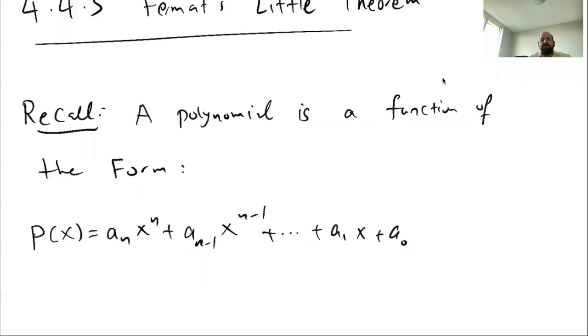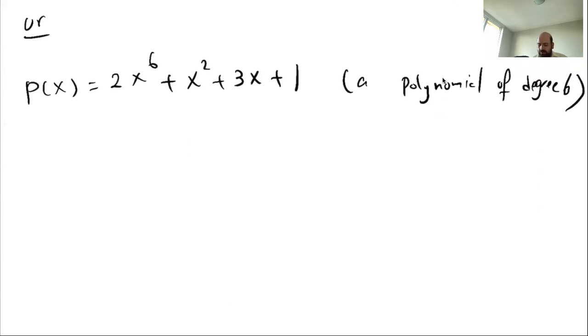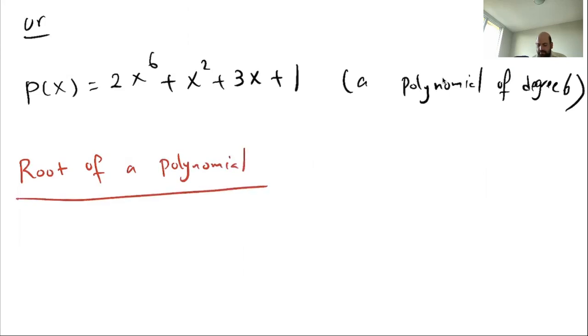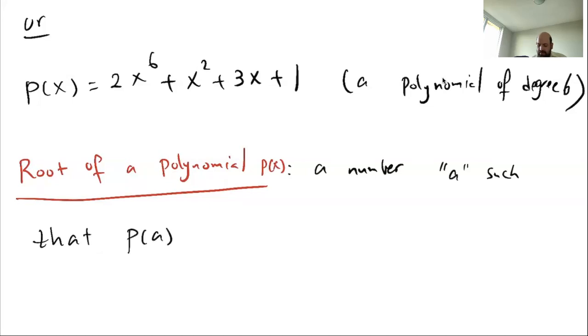Okay, now what is the meaning of a root of a polynomial? A root of a polynomial is another concept that we have seen in high school and in pre-calculus. A root of a polynomial, let's say P of X, means a number a such that P of a equals 0, right?